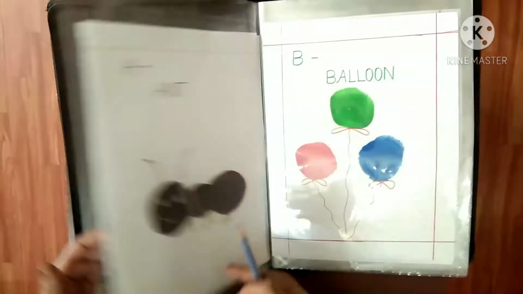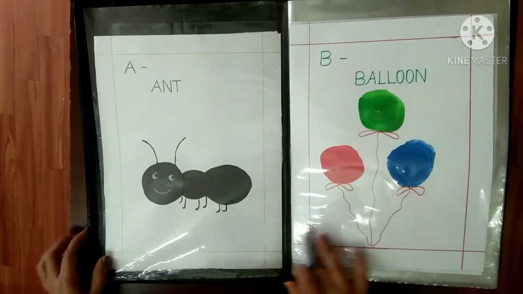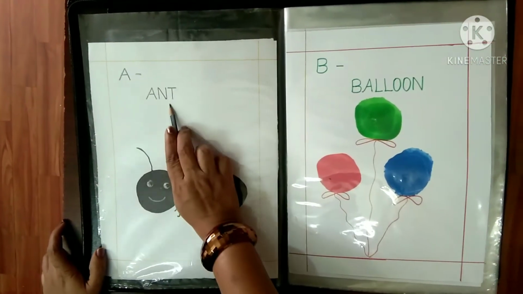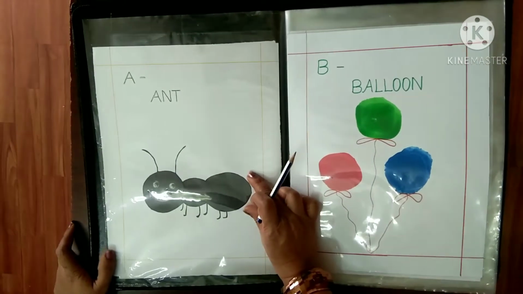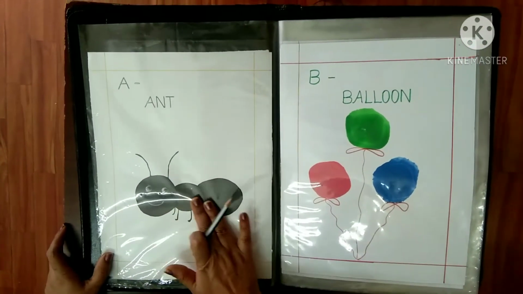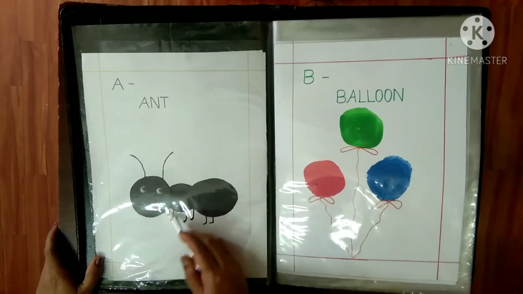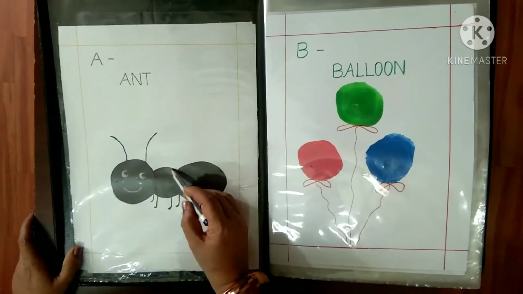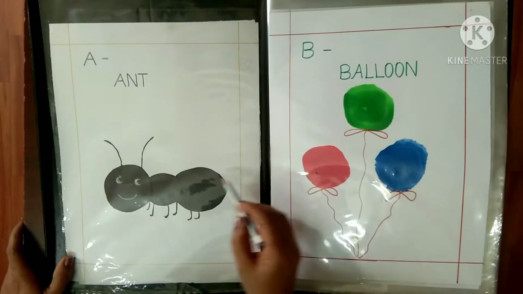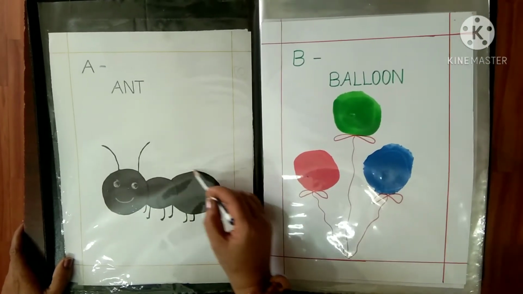So now the project starts. Can you all see A for ant, and the ant has been done here. If you touch and feel, you will get to know a small oval shaped circle has been cut, and one more oval shape has been cut.